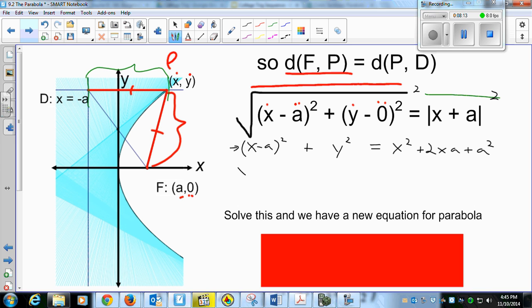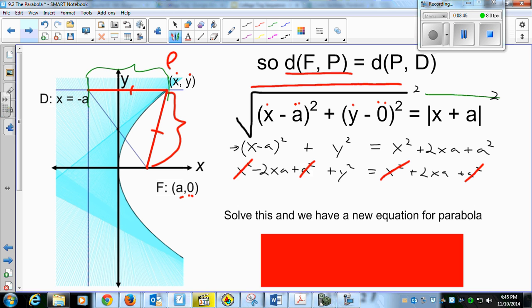So I'm going to get X squared minus 2XA plus A squared plus Y squared equals X squared plus 2XA plus A squared. So minus A squared from both sides. These two terms cancel out. Minus X squared, those two terms cancel out.